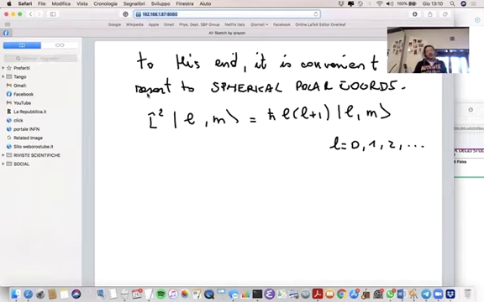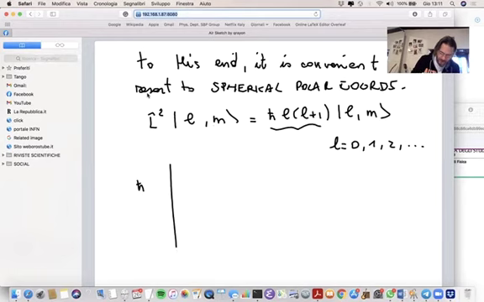So there are infinitely many eigenvalues and eigenstates of the square of the orbital angular momentum. They are labeled by an integer number.